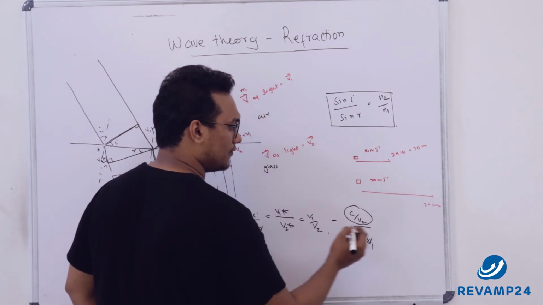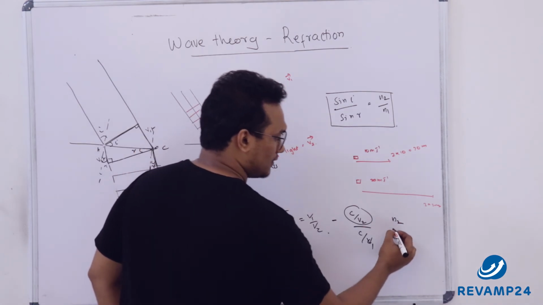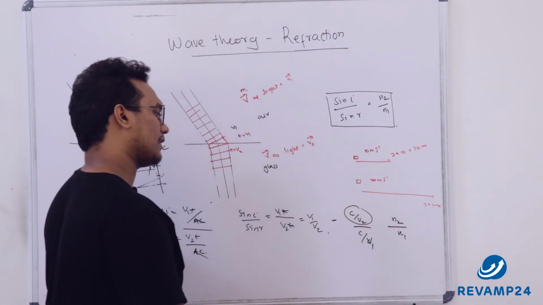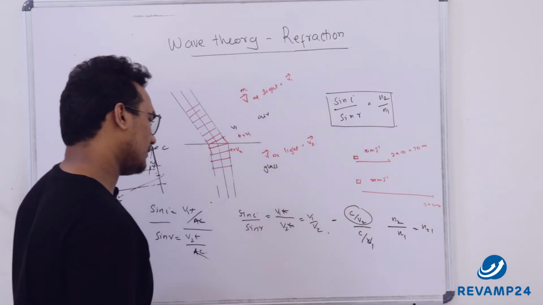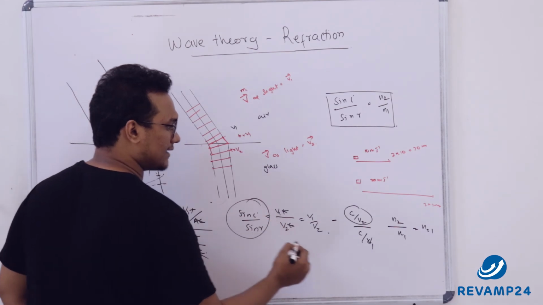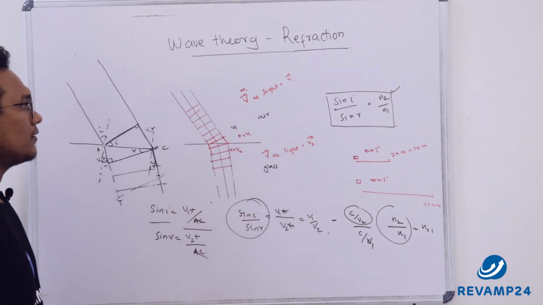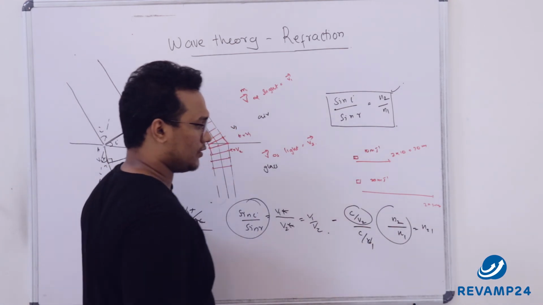Because I know C by V2 is equal to the refractive index of the second media, divided by C by V1, which is the refractive index of the first media. So this can also be written as N21. But anyway, this has been proven. Sin I by sin R is equal to N2 divided by N1. This is as per the laws of refraction, which is N21, N2 divided by N1.